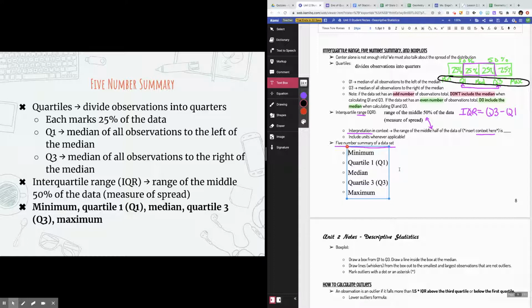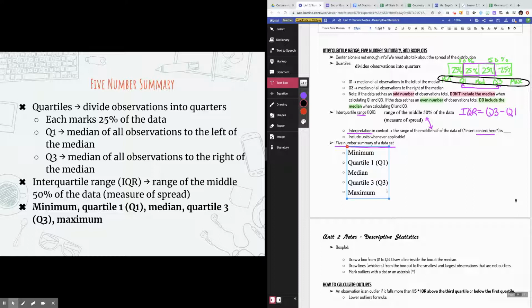If you have a data set that is skewed, this 5-number summary is a more accurate depiction of what's actually going on with the data, because these values, the minimum, the median, the quartiles, the maximum, are not influenced by outliers.